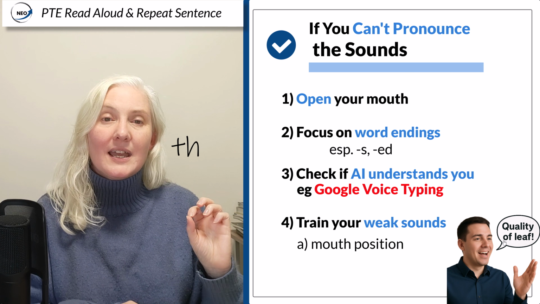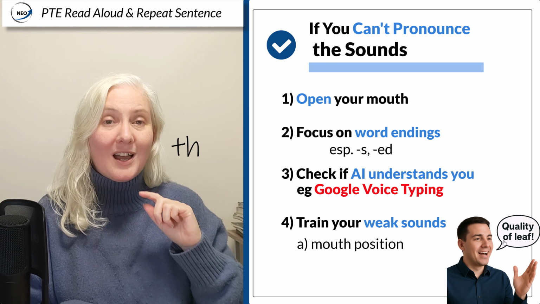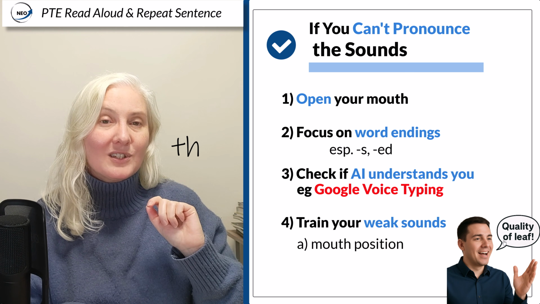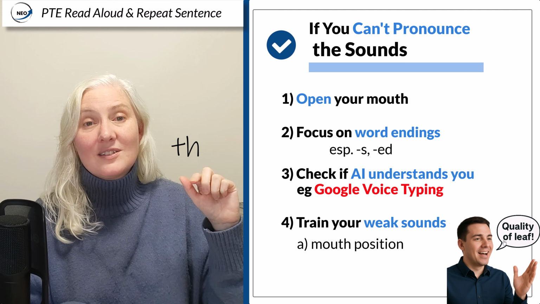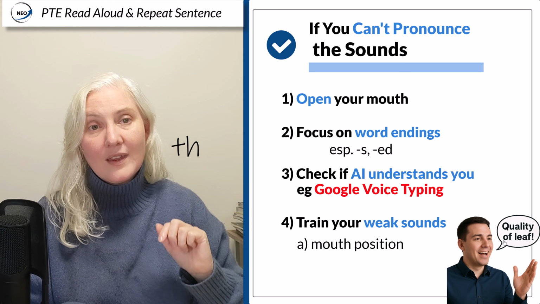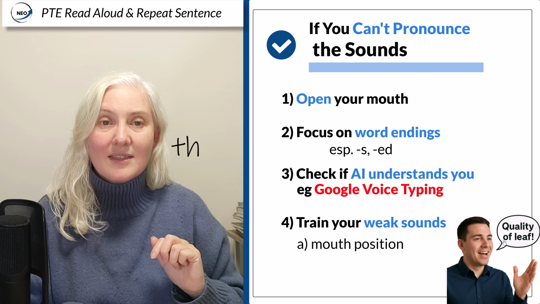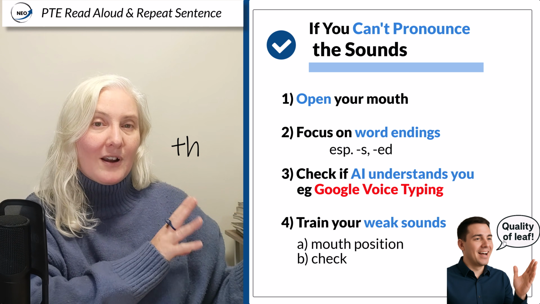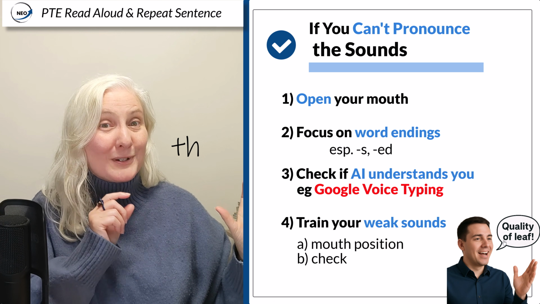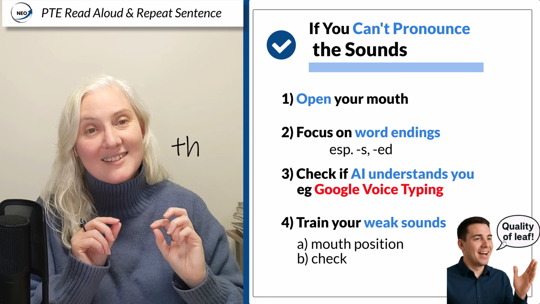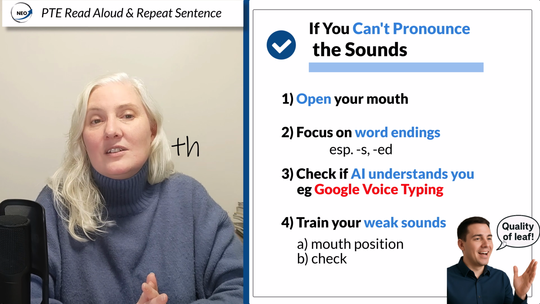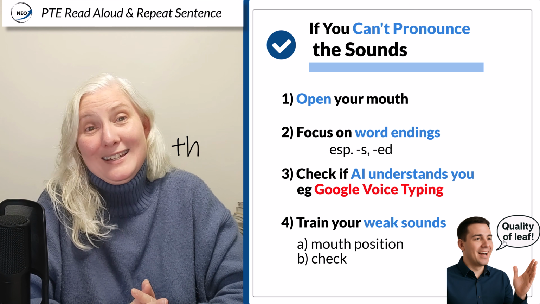So for TH, put your tongue lightly between your teeth and then make a S sound. Yeah? So you go. Check yourself in front of a mirror. Make sure that you've got your tongue between your teeth and that you are saying S. And then start saying lots of words with TH in it.